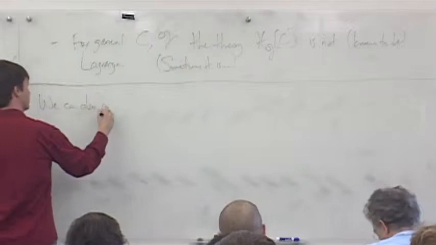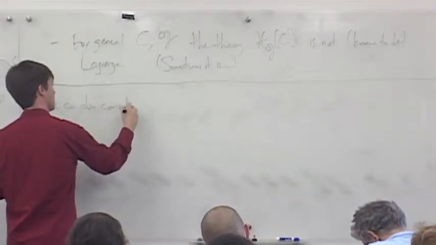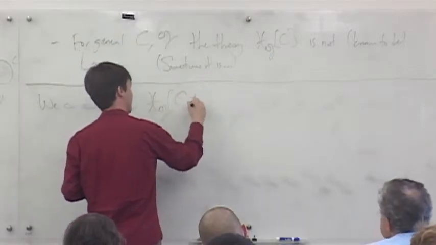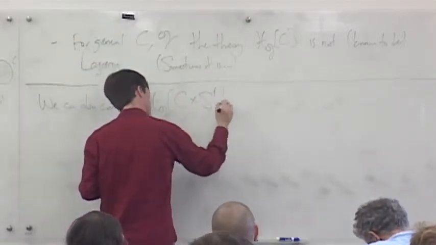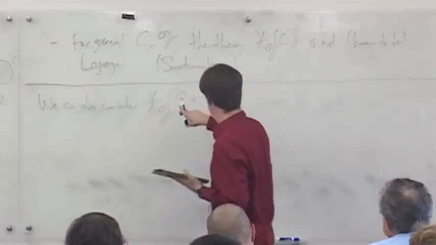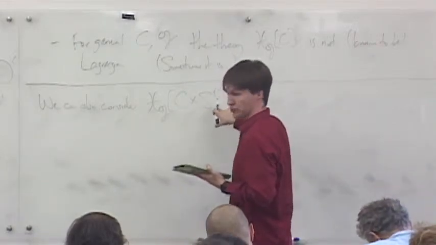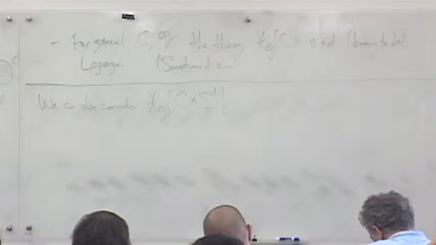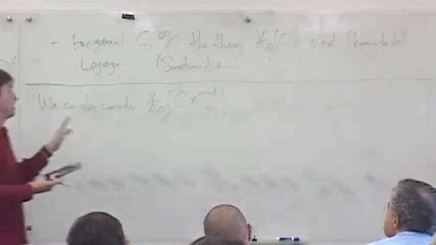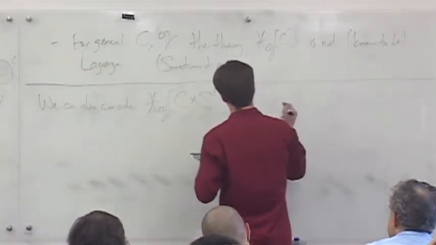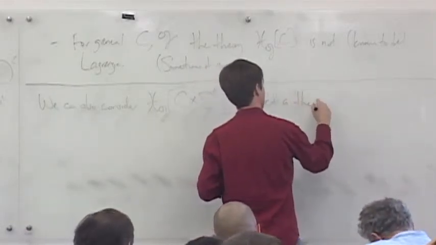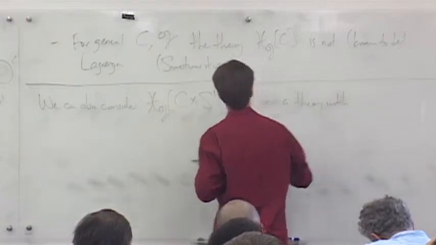We can also consider, again, take this theory X and compactify it. Now we compactify it on the product of a Riemannian two-manifold and a circle. Again, I'll compactify it in a slightly clever way, so that we get a theory which has supersymmetry.